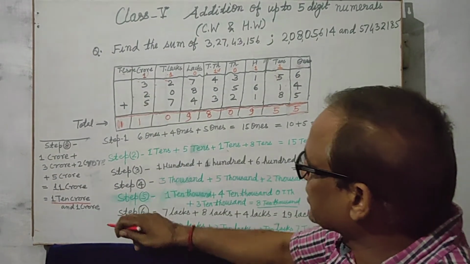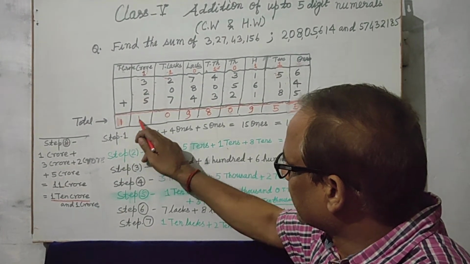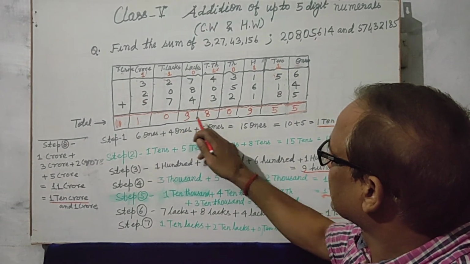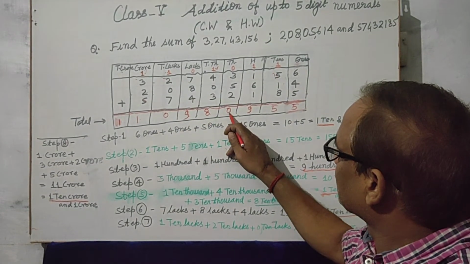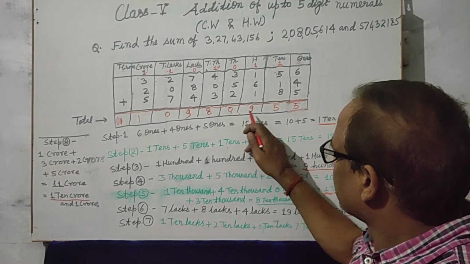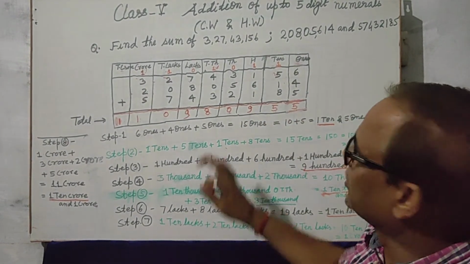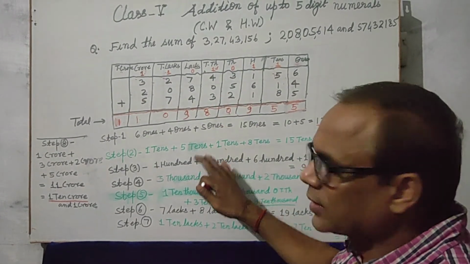What will be the result? 11 crore 9 lakhs 985. This is your answer.